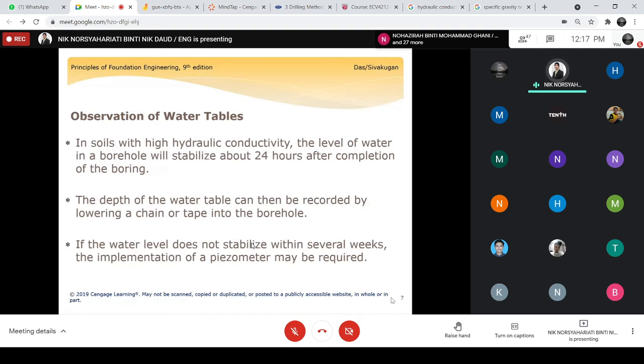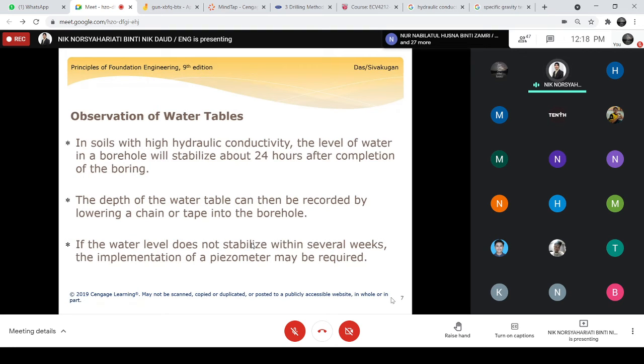But at site you can come up with a piezometer, with which you can check the water table, or you have some related equipment.